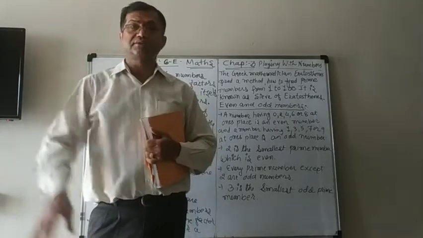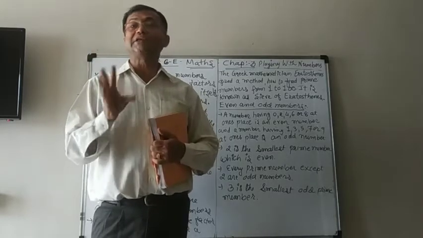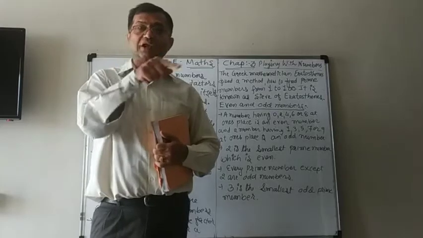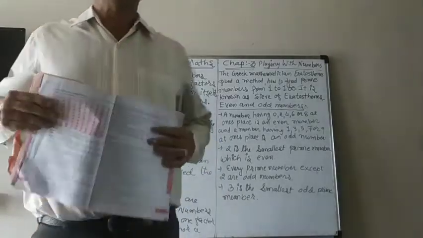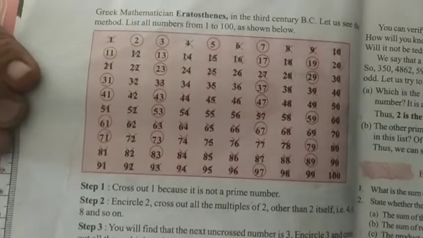Then until 100, he kept going until all the numbers were used. Means either they have a circle or they have a cross mark, as shown in this table. You can see that all the numbers are either circled or have a cross mark.